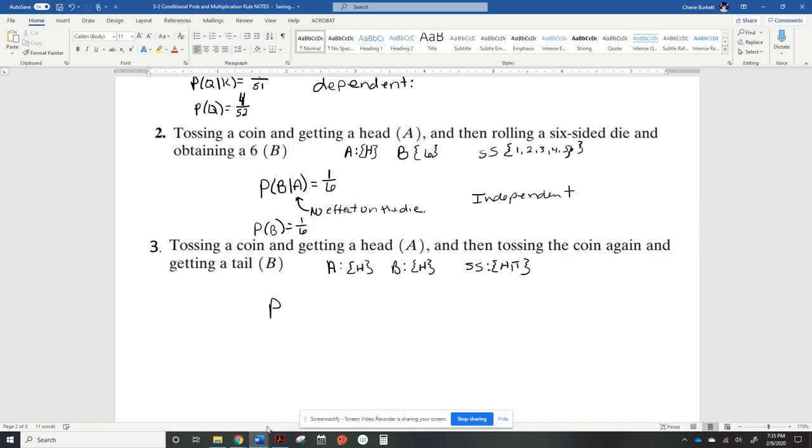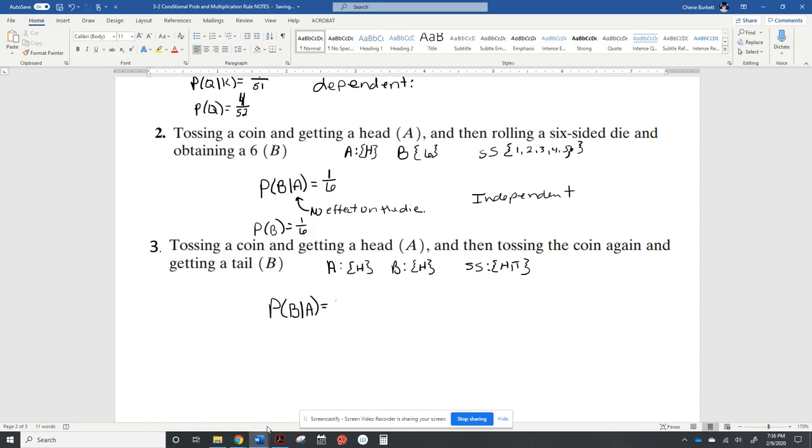So the probability of getting B, given that A has already happened, doesn't change anything, because even though we're flipping the same coin, what happens on the second toss has absolutely no effect on what happened the first time. That first flip didn't change the coin. It didn't increase or decrease my chances of that second toss. They're completely independent.